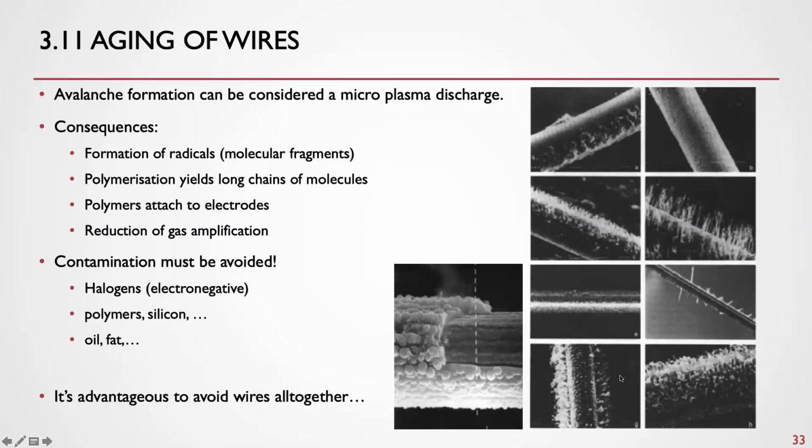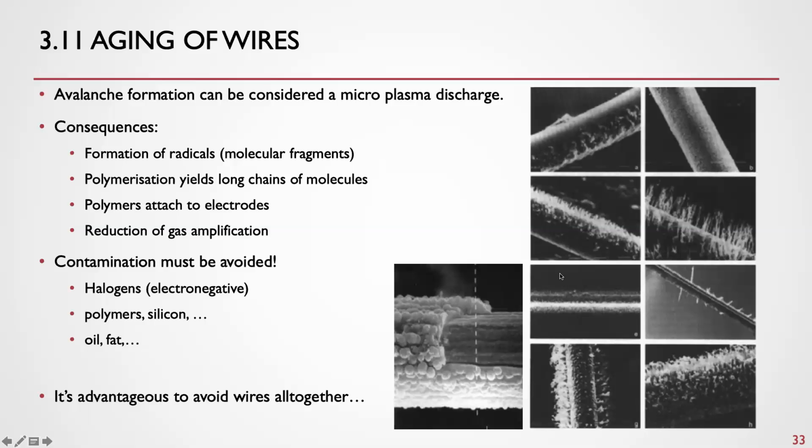So you can see in these pictures here what happens to wires if operated in this very high electric field strength close to them in a gas with avalanche formation over decades.